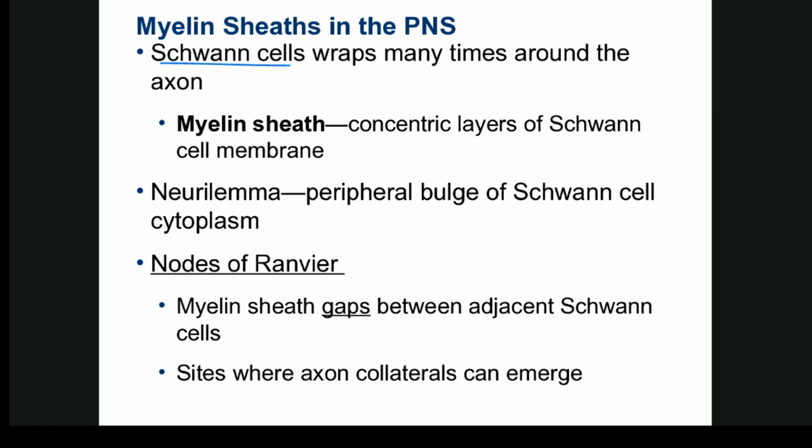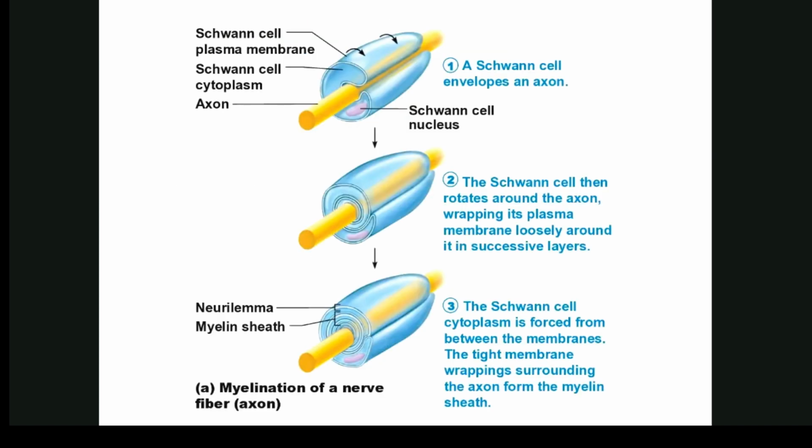Nodes of Ranvier are the gaps between the various Schwann cells, and this is the only place where axon collaterals are going to emerge. So this is showing wrapping round and round and round until it bulges, just like a balloon would bulge if you wrapped it around an object. And that is called the neurolemma.